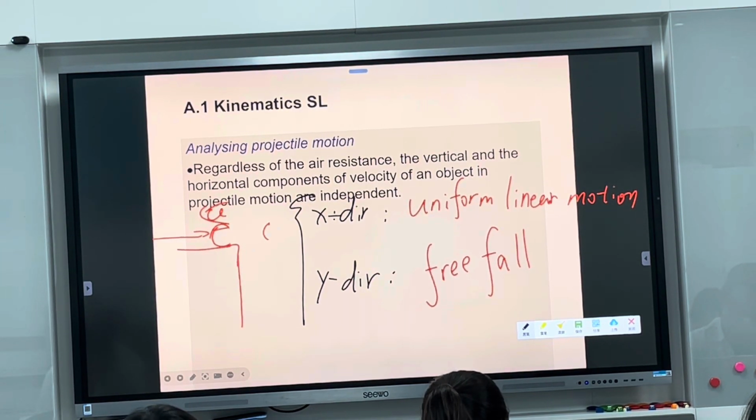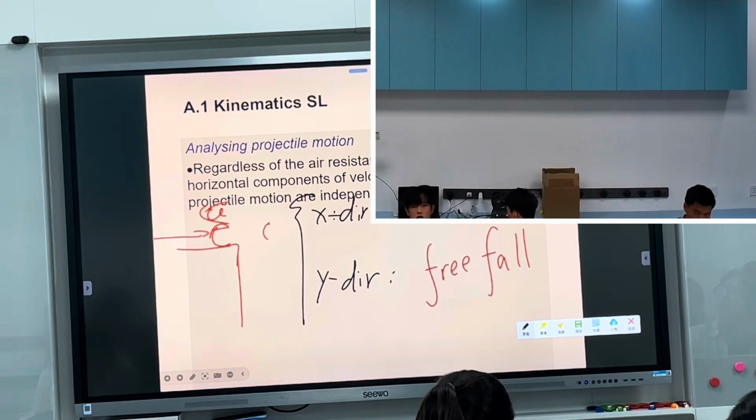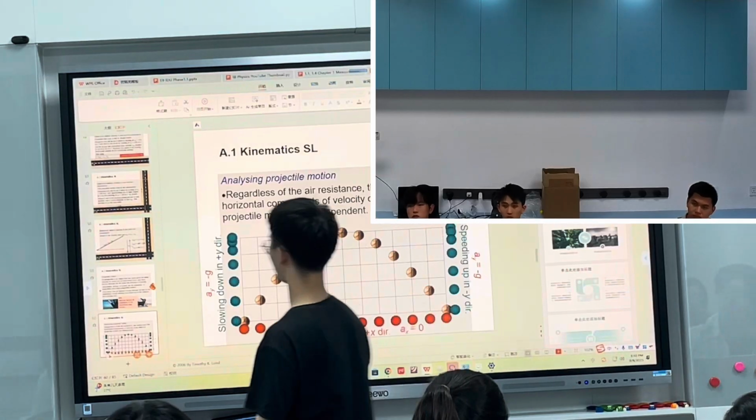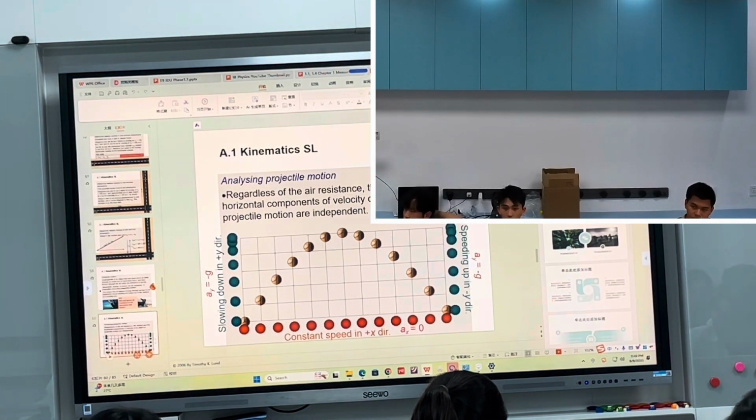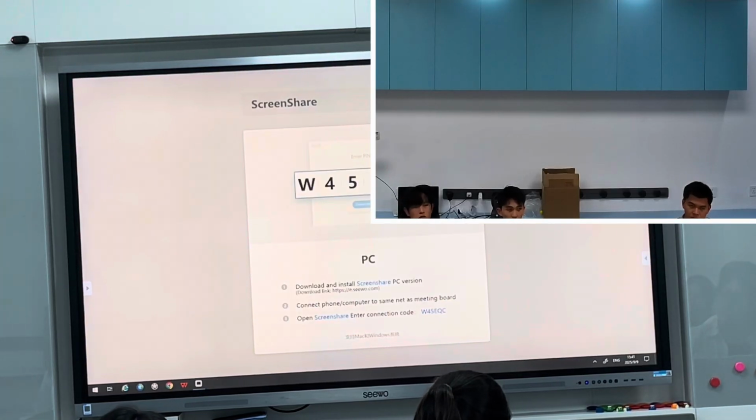Okay, I'm going to do a live experiment here with a projectile launcher, and let's see how that works. I will stop sharing on this here, and then I will start sharing with my laptop in the back, and you can see what's happening on my screen.